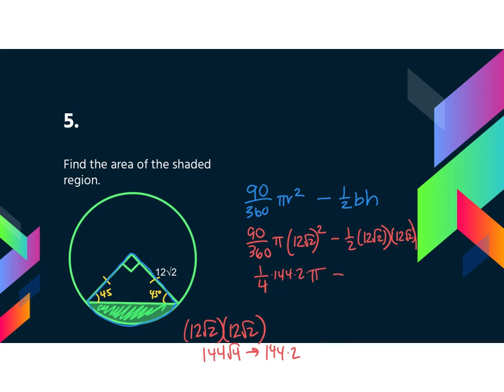And then we have 1/2 again times 144 times 2. 144 divided by 4 is 36 times 2. We get 72 pi minus 144. These are not like terms because one has pi and one does not, so we're going to leave that as our final answer.